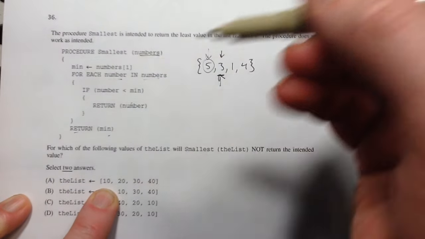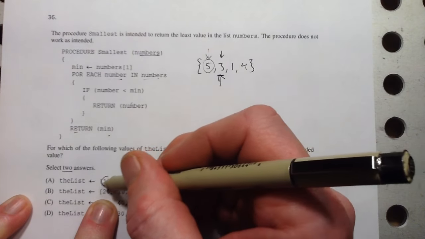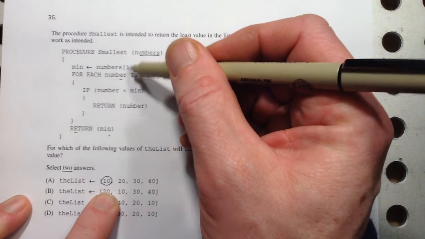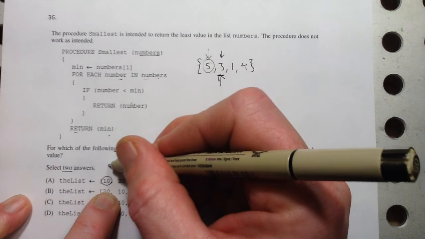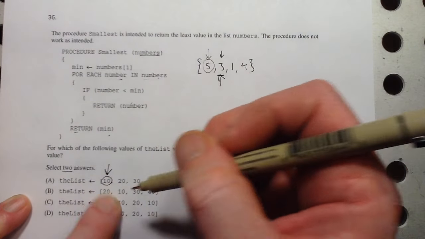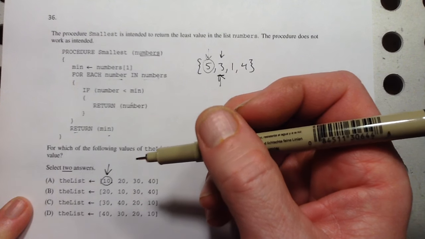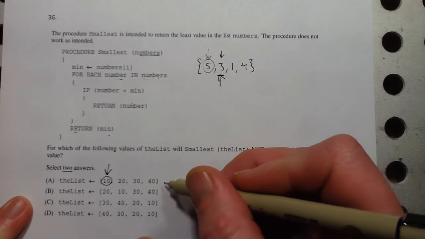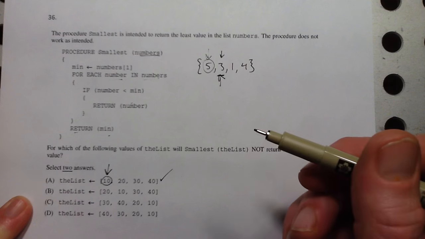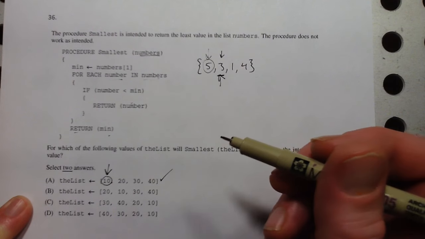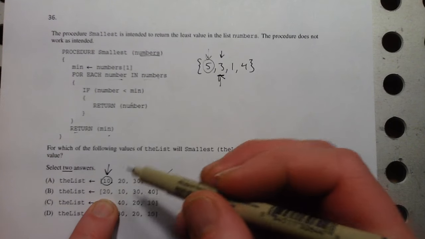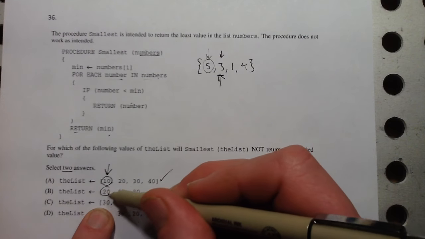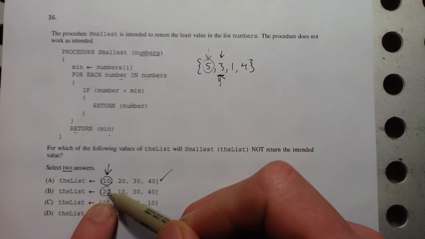So I think in this case, it's going to set the minimum to the first one, and although the logic isn't right, it is going to return this because it was the first one. So that one does actually work. Here, the second one, we're going to set this equal to the minimum.